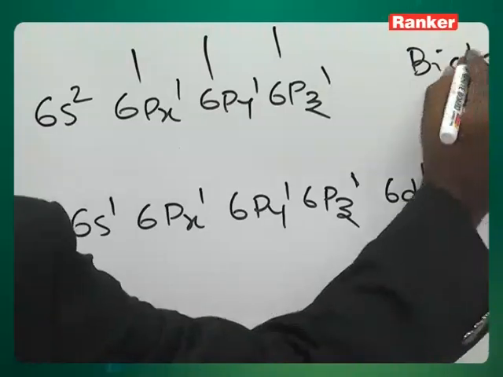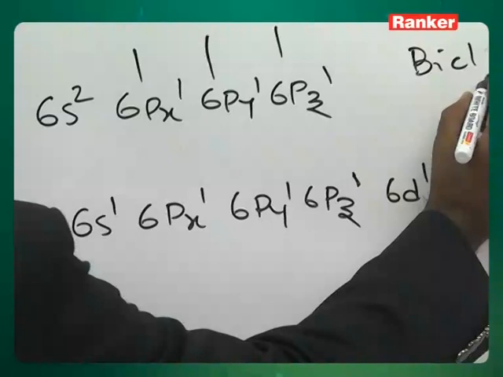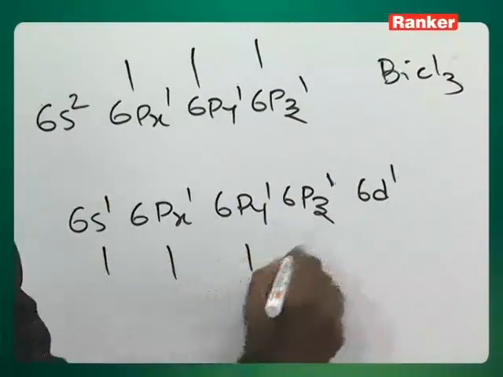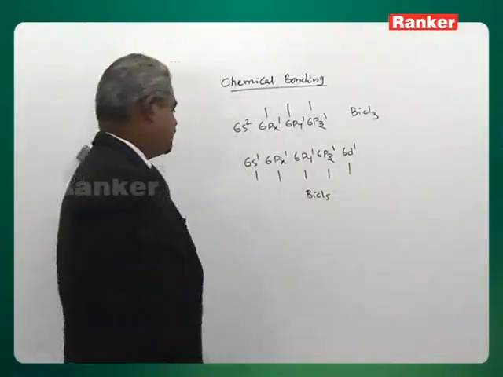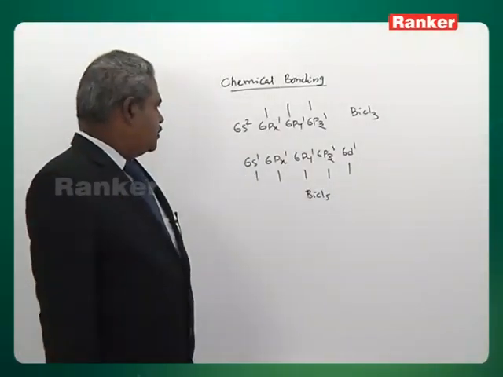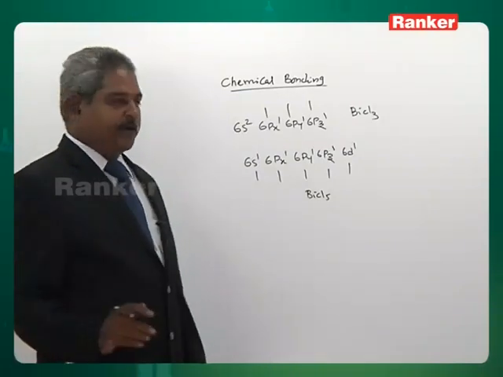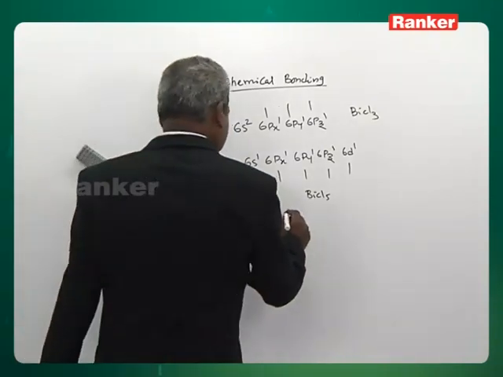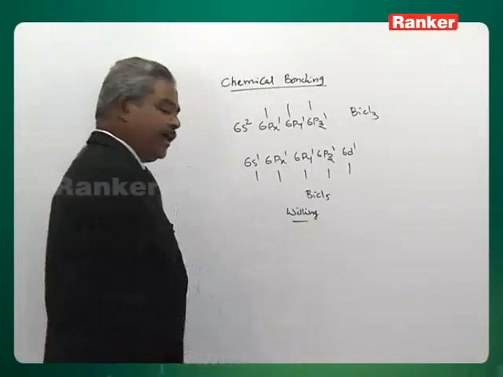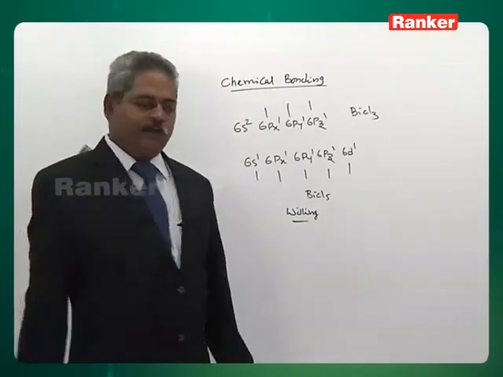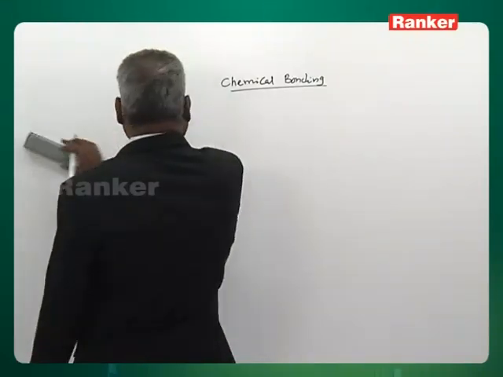And 1, 2, 3, 4, 5, BiCl5, 5 bonds. It can form 3 bonds by sharing and it can also form 5 bonds by sharing, but bismuth is not willing to form 5 bonds. I will tell you why a little later, but as of now, just take this statement.